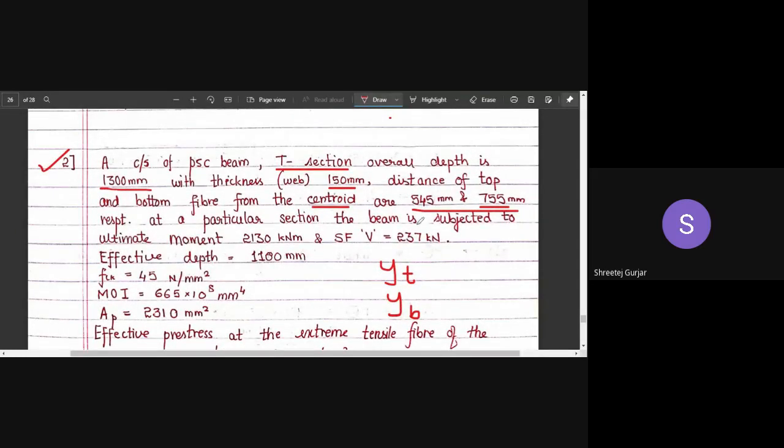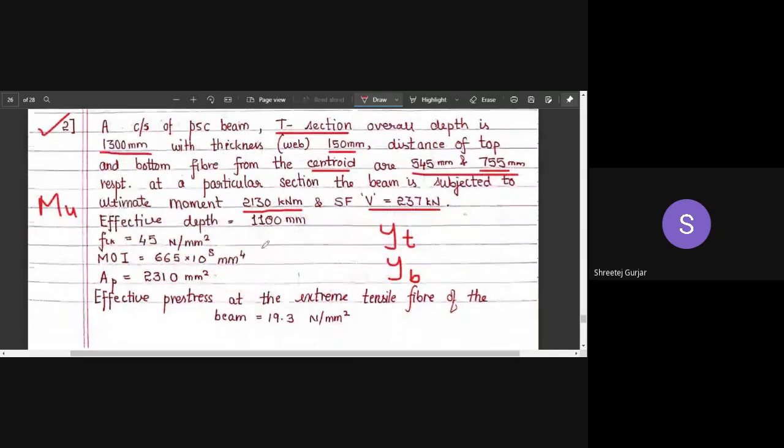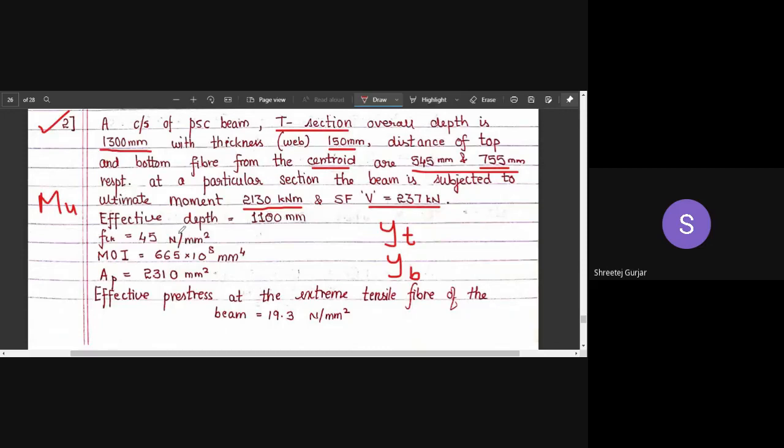A particular section of the beam is subjected to an ultimate moment. MU is given as 2130 kilonewton meter, and shear force is given as 237 kilonewton. Both these things are given.